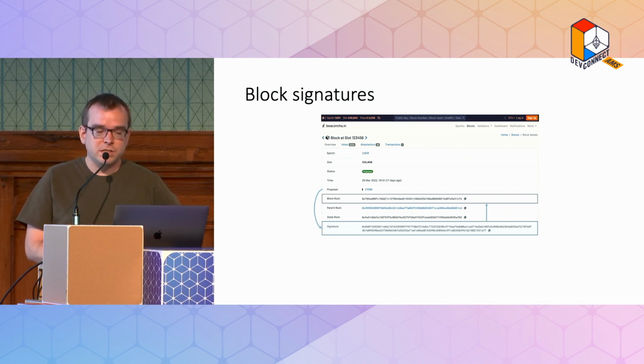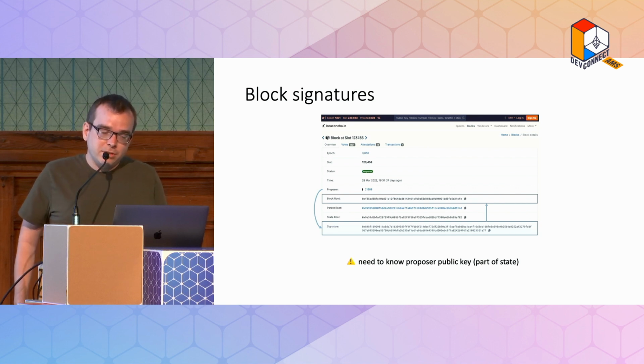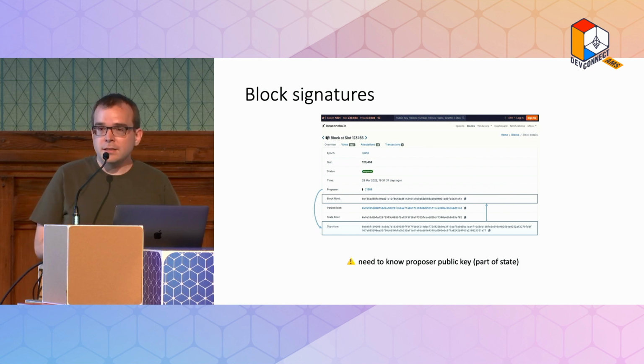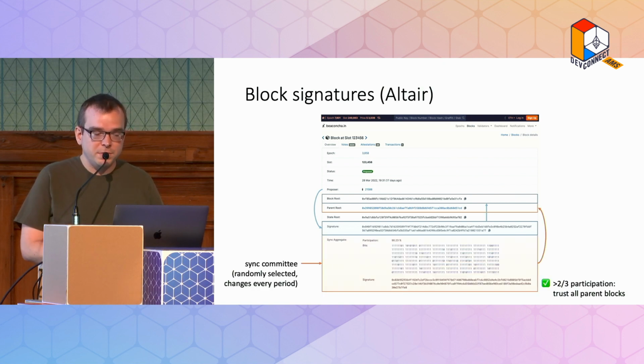And then the other ones can use this signature to verify that it's indeed coming from the proposer. And they also have to verify the entire block, and then they can apply it and attest to it. So the problem is you need to know the public key of the proposer to verify it, and the light client doesn't have that. So the light client needs an alternate mechanism to verify blocks. And this is where the sync committee comes in.